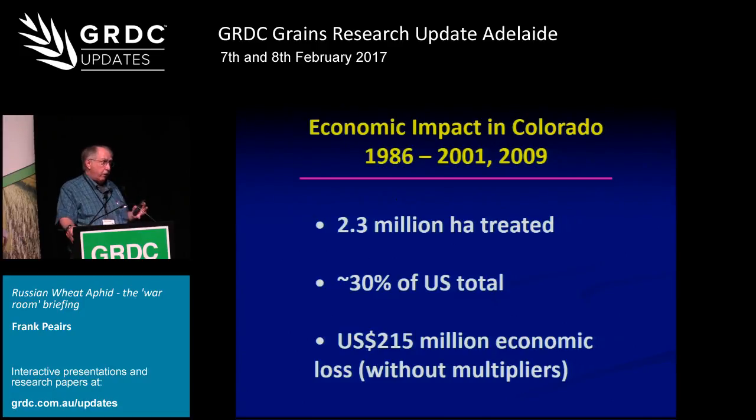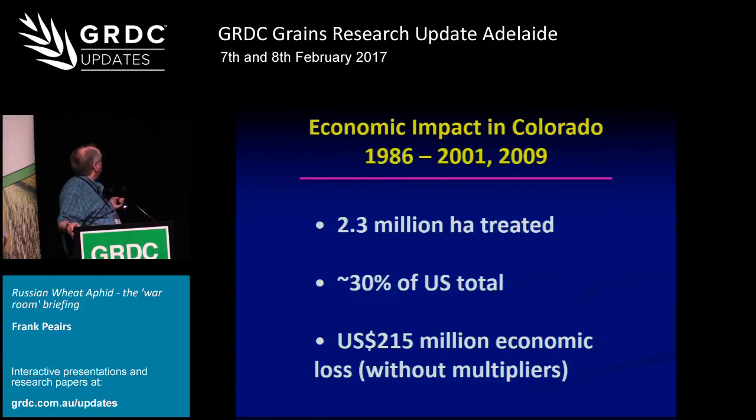And for Colorado, we've had an inordinate amount of the damage that's been experienced in the U.S. We've treated over 2 million hectares with insecticides. This is 30% of the U.S. total, even though we only grow about 5% of the country's winter wheat.